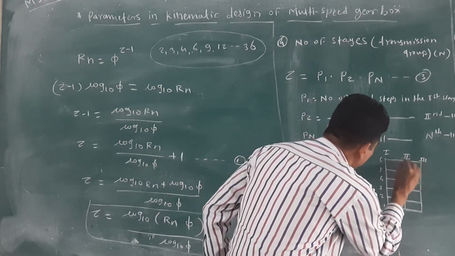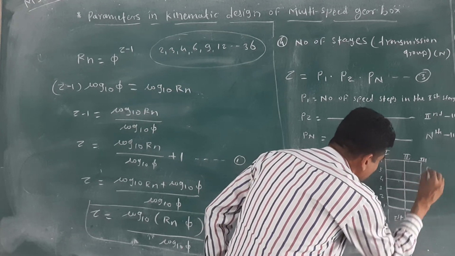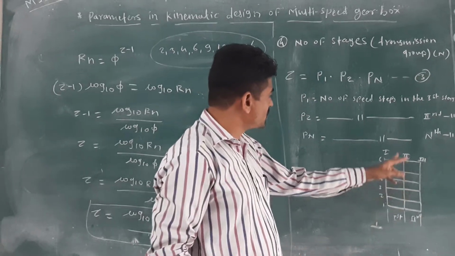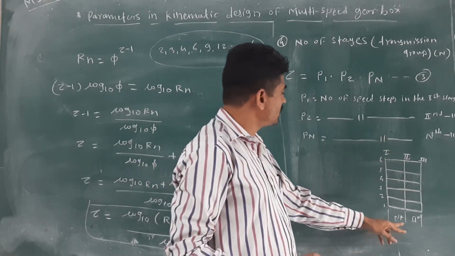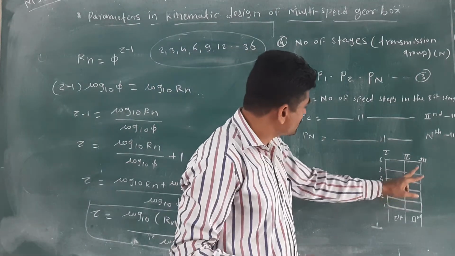In between shaft 1 and 2 there is the first stage. In between the second and third shaft you get the second stage. So here we get 2 stages and 6 speed steps.